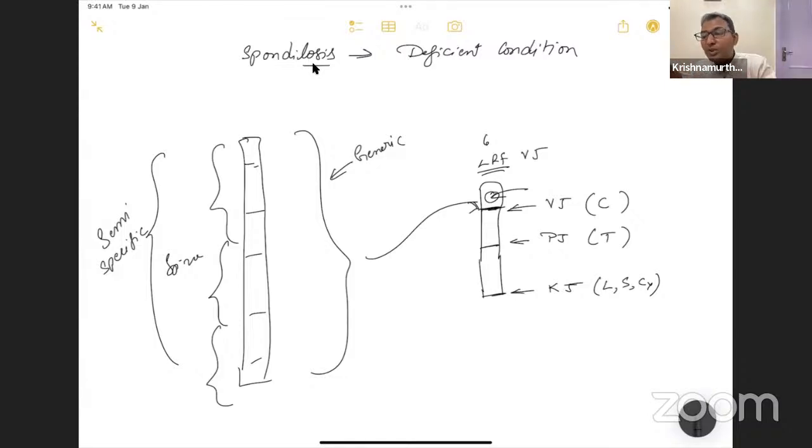Say in your cell phone, see, if you touch a certain part of the screen in the camera app, it will take a photo. The same area you touch in the music app, it will play music. The same area in a website, it will open a new tab.